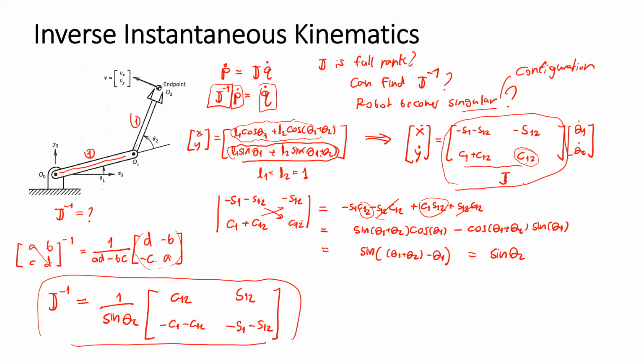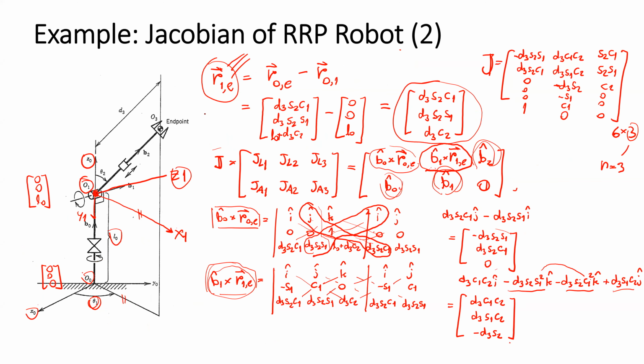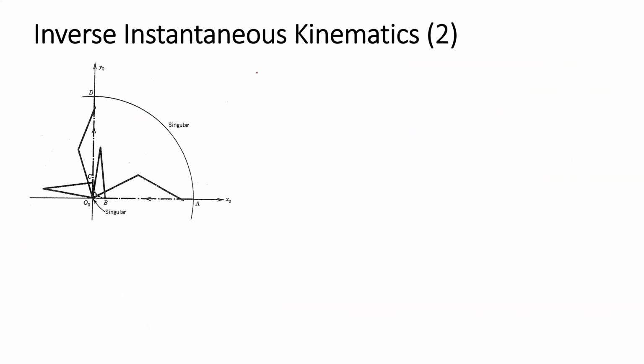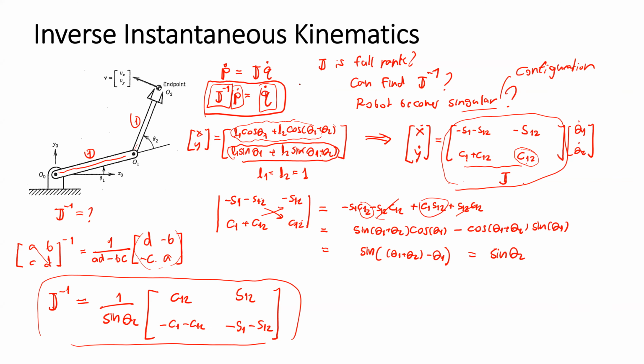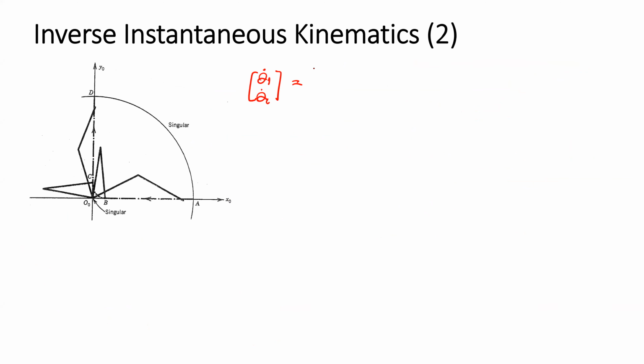The objective of obtaining the inverse Jacobian is that we want to relate the joint velocity, theta 1 dot and theta 2 dot. The joint velocity is equal to the inverse Jacobian multiplied by the velocity vector.